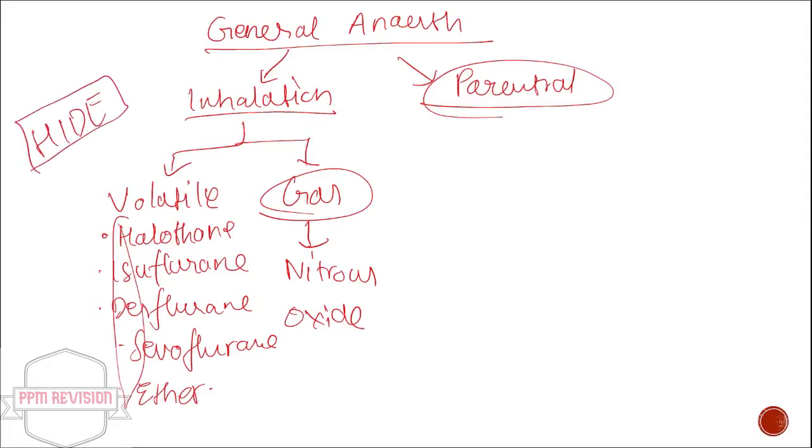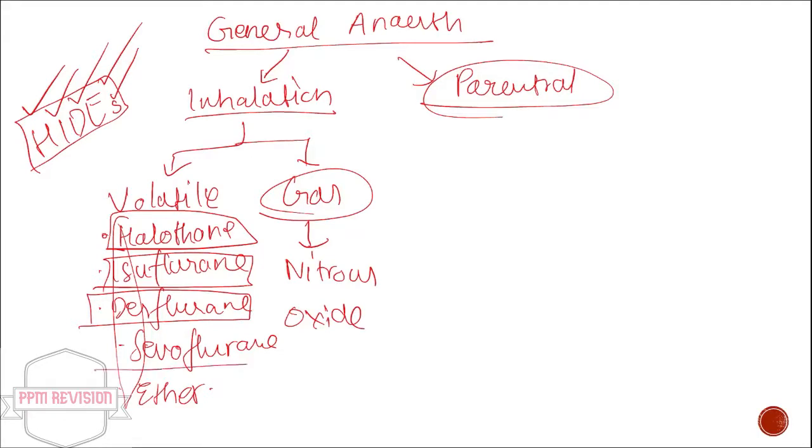H for halothane, I for isoflurane, D for desflurane, E for ether, and you can add an S for sevoflurane as mentioned. In this video I'll try to go a bit fast because I assume all of us will be aware of these basics.